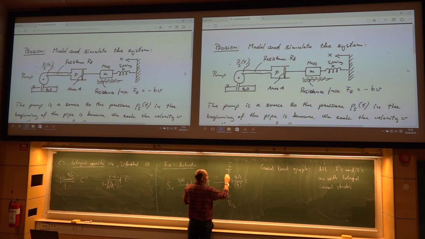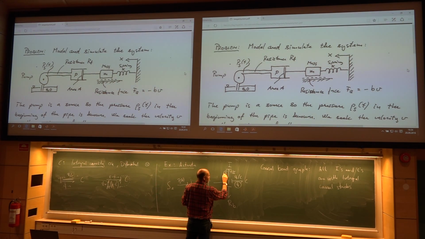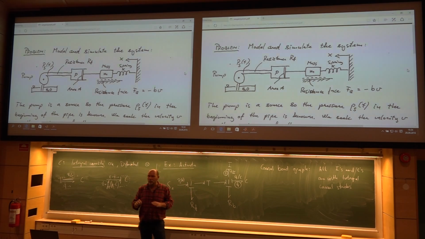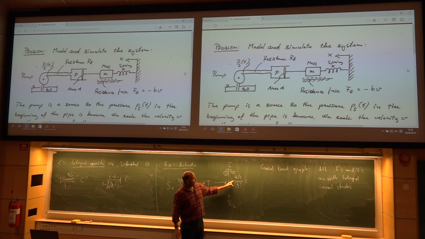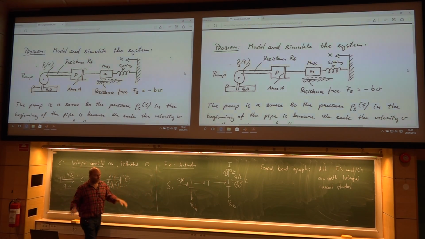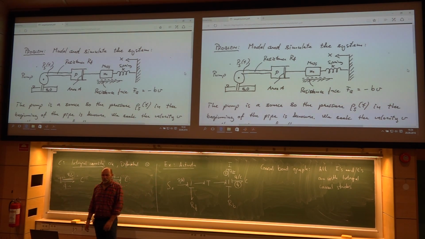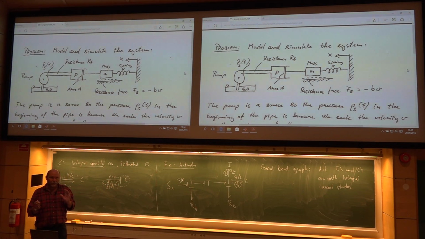There we had the other way around. Here you had an effort, it was called a P dot. On the other side, you have P divided by the inertance I. And also around this P dot, you will draw a circle. This you can do immediately, as soon as you have the causal strokes, and if they are on the integral form, you can write it like this instantly. If they are on the differential form, that's a different story. We'll come back to that later. But for now, we can draw this up. To annotate the rest, we now have to follow sort of the logic here.